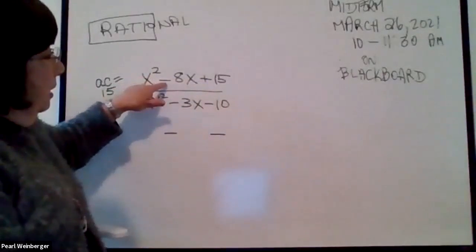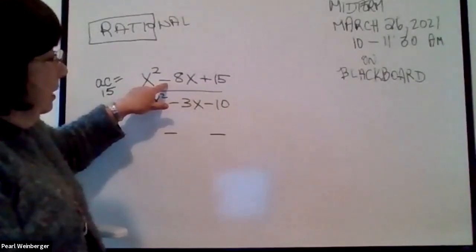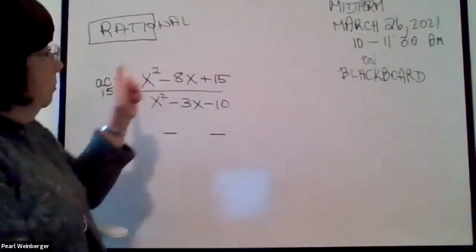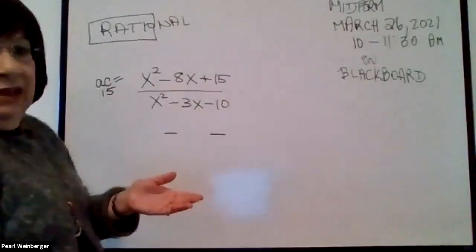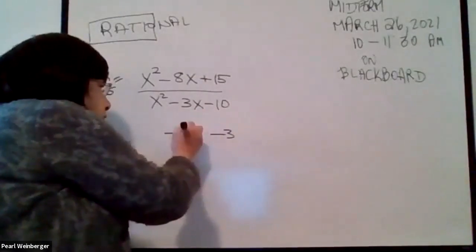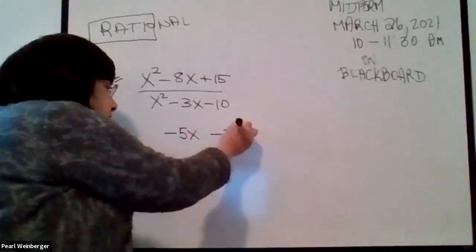And they're both going to be negative because my middle number is negative. So what numbers multiply to 15, but when we add them, give me 8? Negative 5 and negative 3. So we'll break this into negative 5 and a negative 3. Of course, put our x's next to each of them.